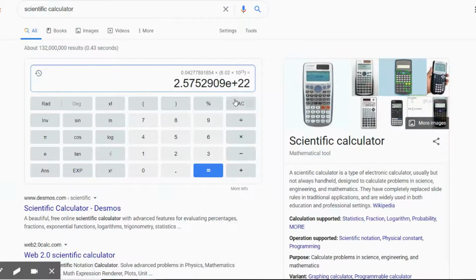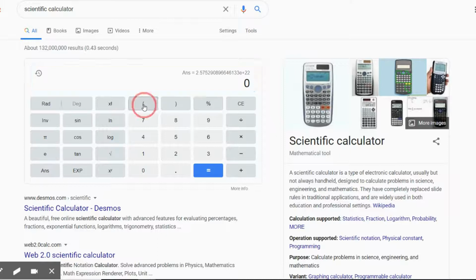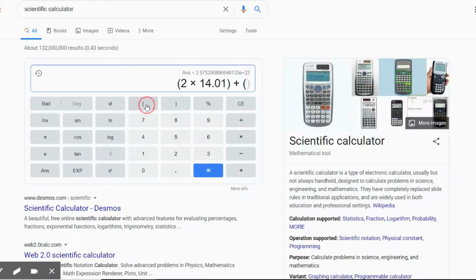So let me do that. I'm going to do parentheses: 2 times the 14.01 for the nitrogens, plus 8 times 1.008 for the hydrogen, plus 3 times the 16 for the oxygen, plus 1 times 12.01 for the carbon.